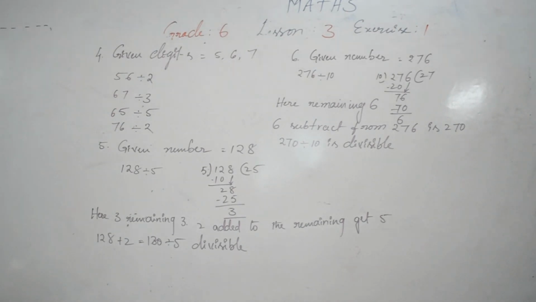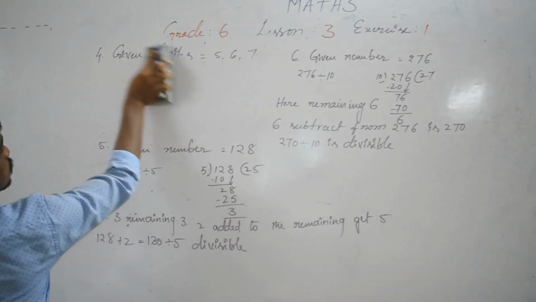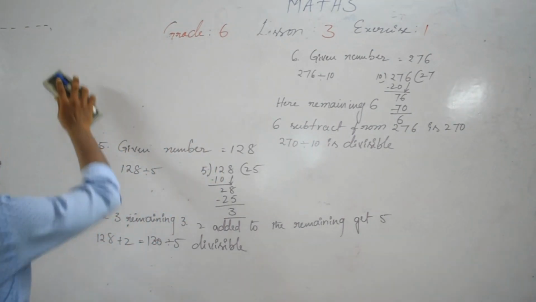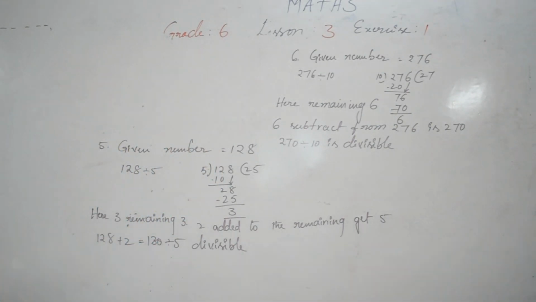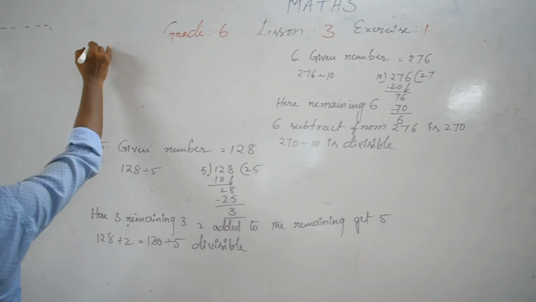Next, write all the numbers between 100 and 200 which are divisible by 6. Seventh one.